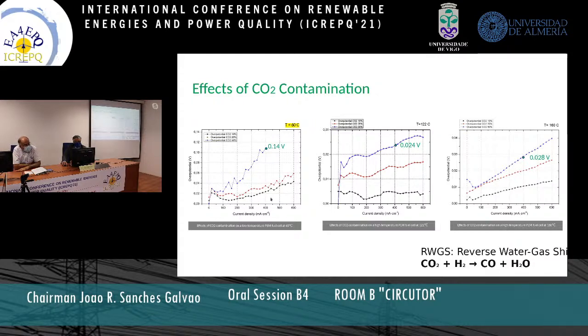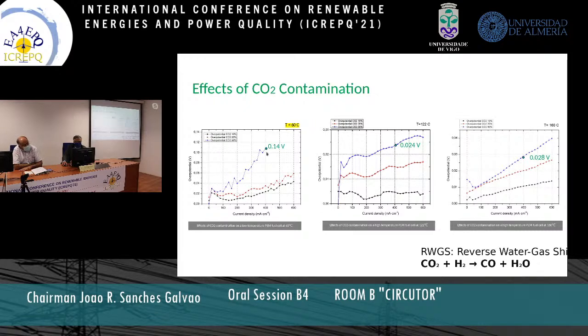And there are three curves on each one representing different amounts of CO2. The blue curves correspond to 50% CO2, which is a lot. The red one is 25%, and the lowest, the black curve, is 10%. So as you can see, there is significant overpotential when you have 50% CO2 in the system.